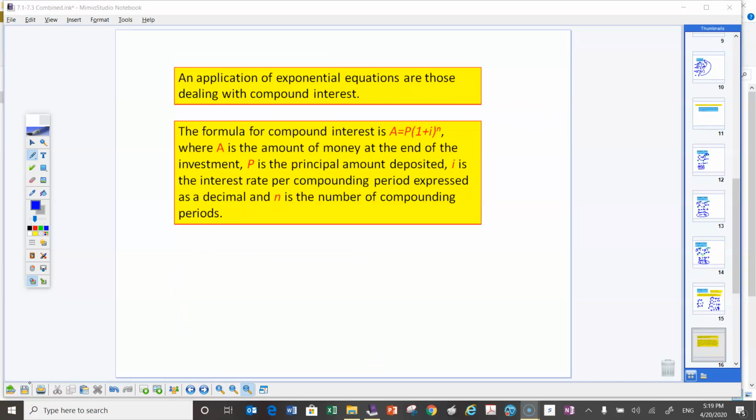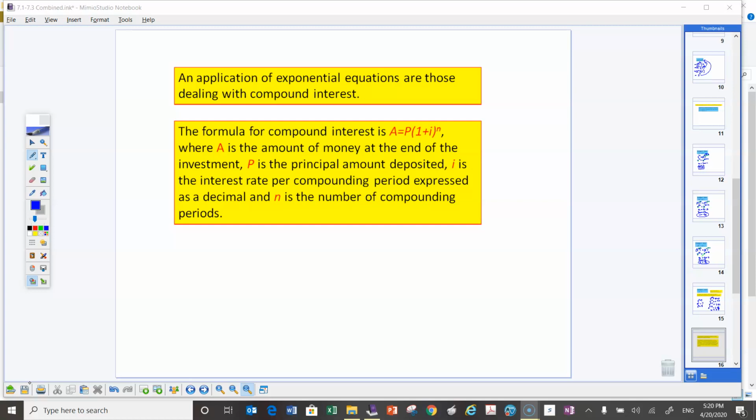One of the applications of exponential equations are those dealing with compound interest. Now the formula for compound interest is A equals P times (1 plus i) raised to the n, where A is the amount of money at the end of the investment, P is the principal amount deposited, i is the interest rate, and n is the number of compounding periods.